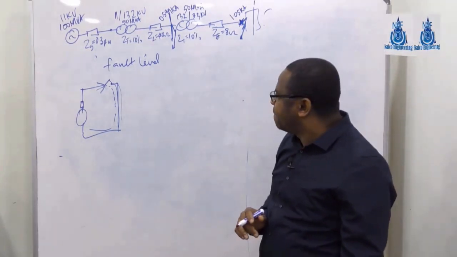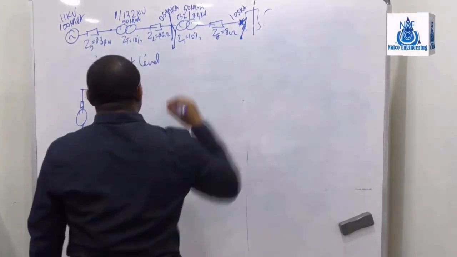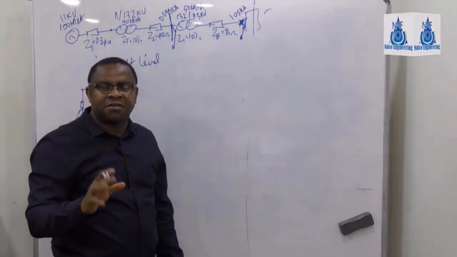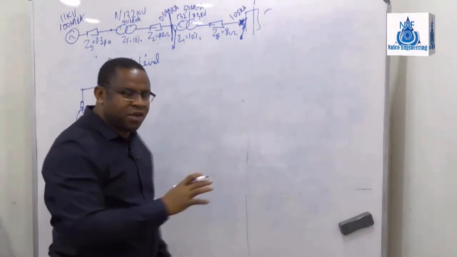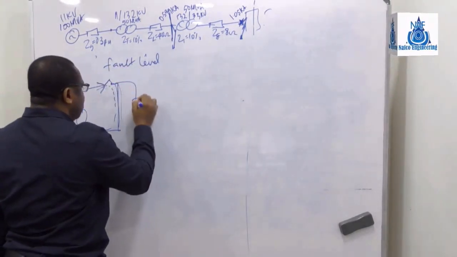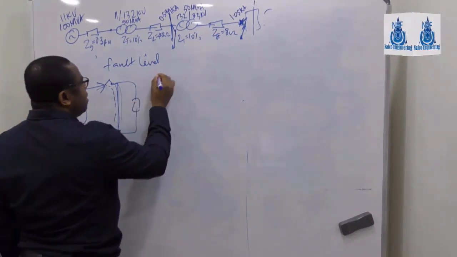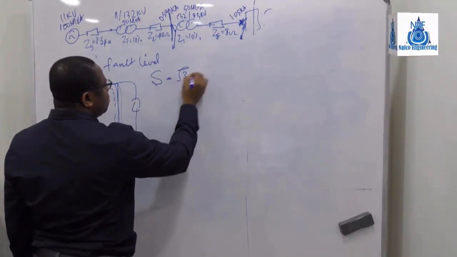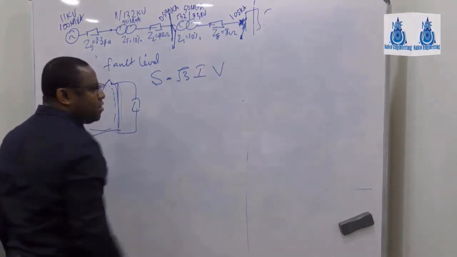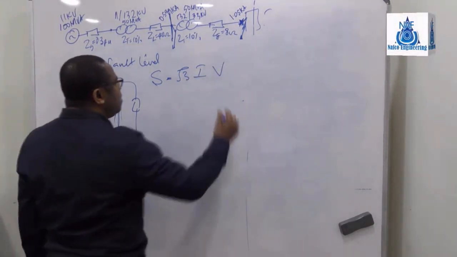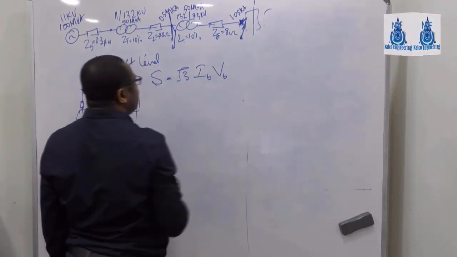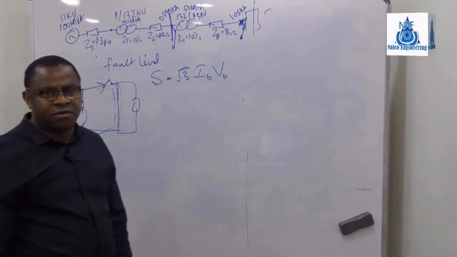Remember that under normal circumstances, when current is flowing through a system connected to a load, the apparent power for a three-phase system is root 3 I V, where these are rated base values, when there is no fault.